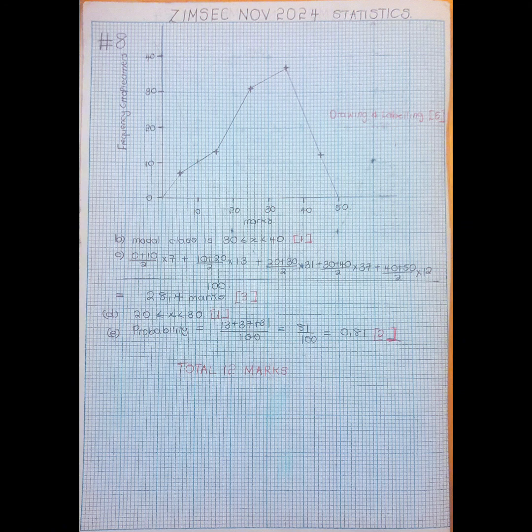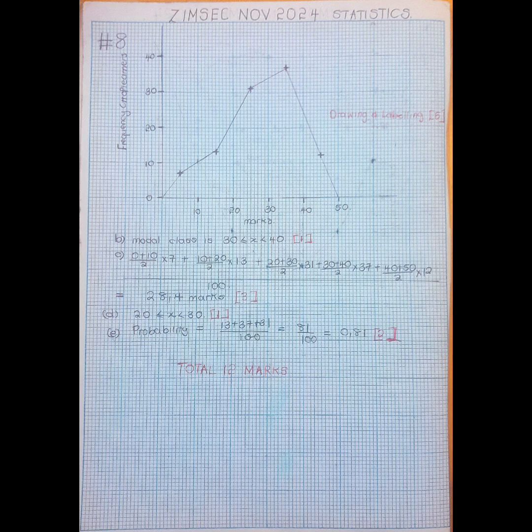And then part E, one learner is picked at random from the class. Find the probability that the learner's mark is greater than or equal to 10 but less than 40. So here, the mark is greater than or equal to 10, right?